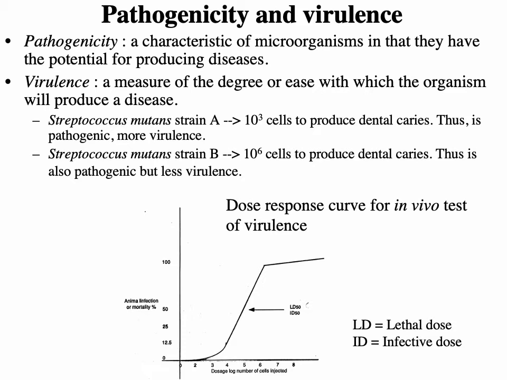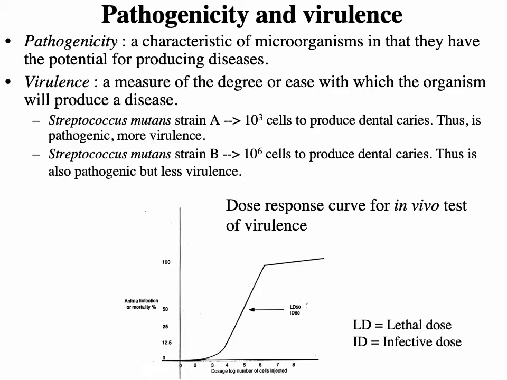You set up an animal experiment where you have cages of rats, for example, and in each cage you infect with a certain number of bacteria. On the x-axis you have the dosage, the number of bacteria given to the animal: 10 to the 2, 10 to the 3, 4, and so on, in log numbers.